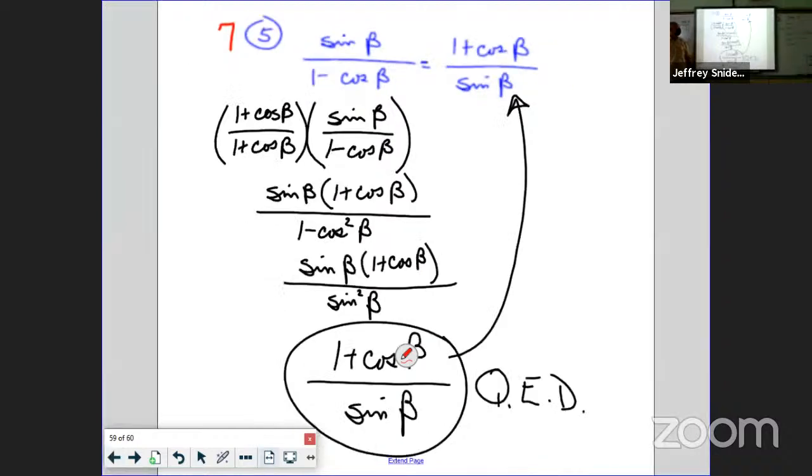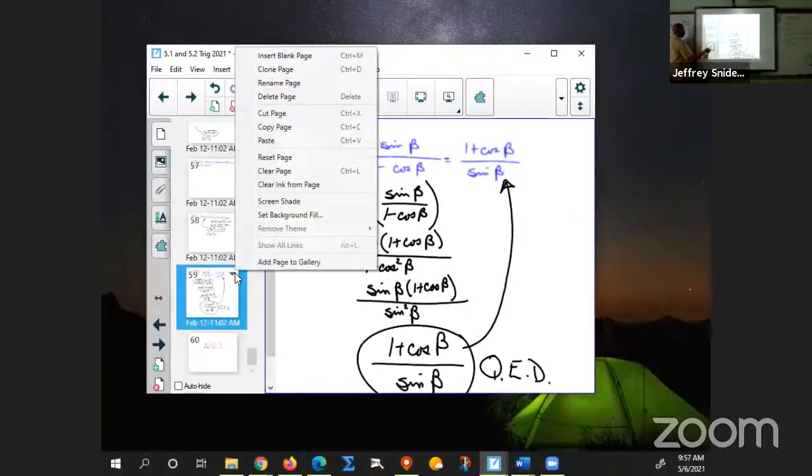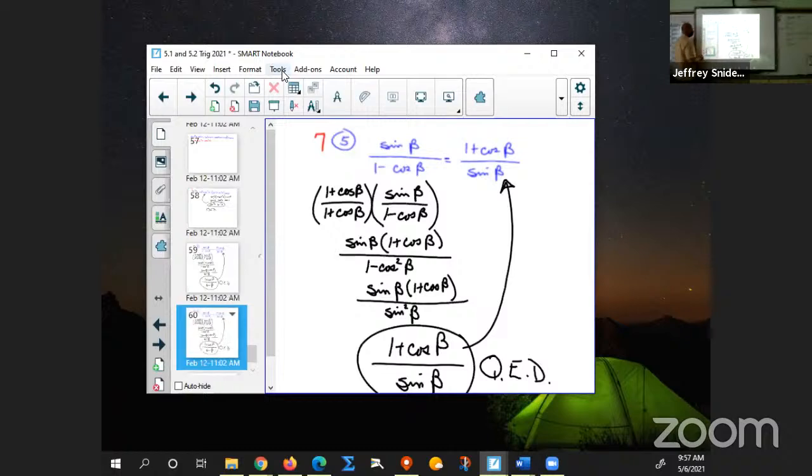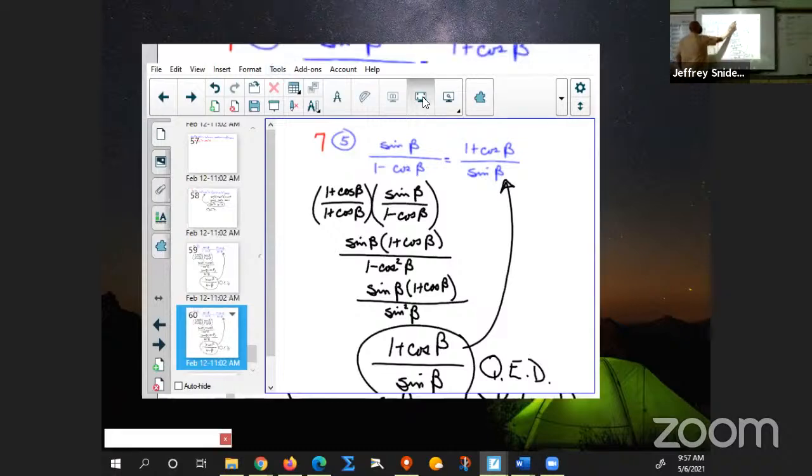Okay, now that problem can be done just as easily and almost easier working on the right-hand side. So I'm going to go ahead and redo this problem, and I'm going to do it on the right-hand side instead. Clone this one. All right.